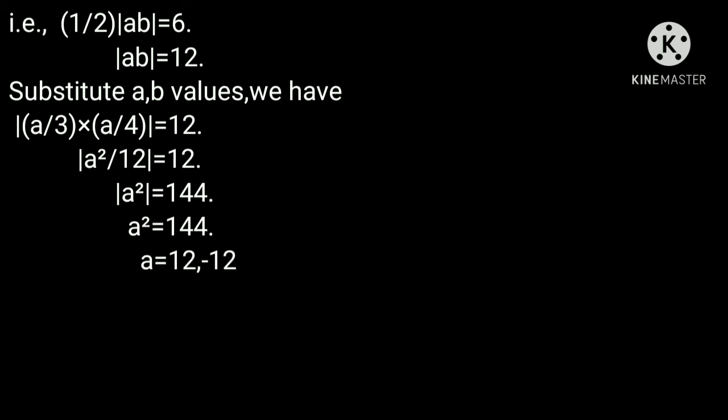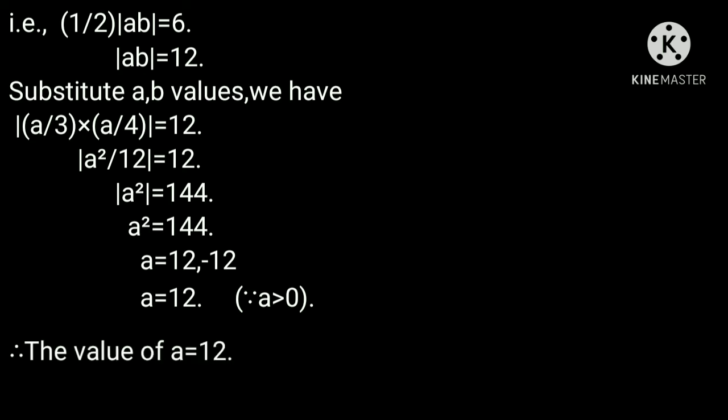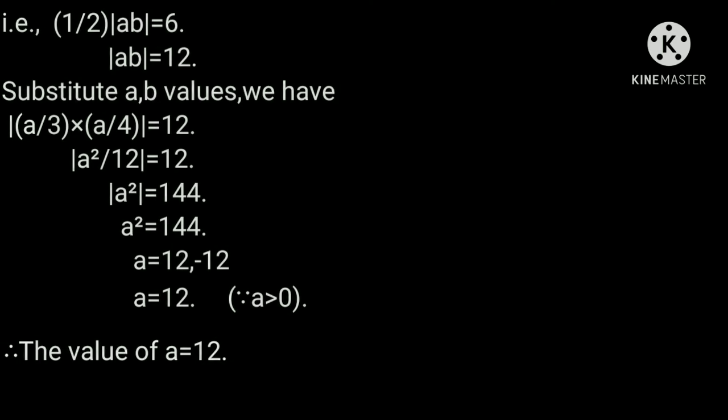Then a square by 12 equal to 12. From this, a square equal to 144. From this, we find a equal to 12, and a equal to minus 12 is not taken because a is greater than 0. Therefore, the value of a equal to 12. This is our given problem solution.